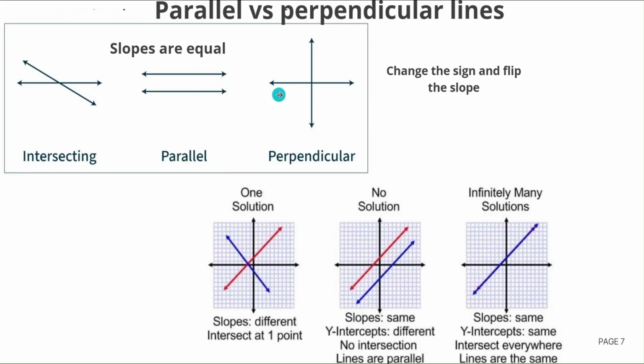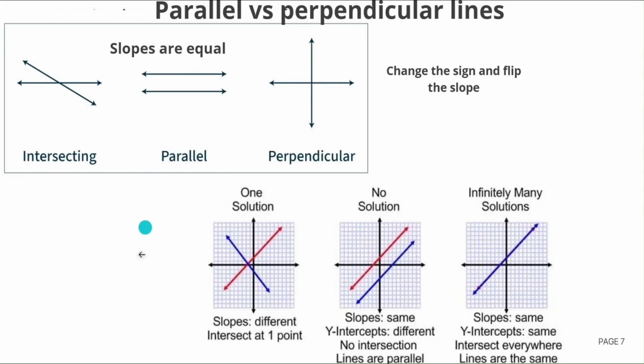That's the information that we need to know. And perpendicular lines always intersect at 90 degrees. So if you were to draw an angle there, you'd get 90 on every side, because that's the rule. And there's another thing you have to know, which says change the sign and flip the slope, which I'm going to show with an example. It would be better to understand with an example.